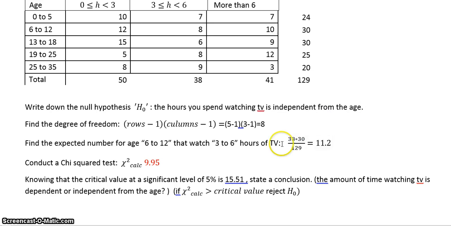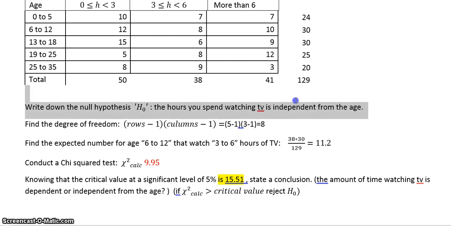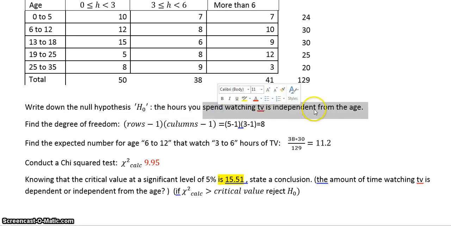In this case, what do you think? If the chi-square that we calculated is bigger than the critical value that we have here, we are going to reject the null hypothesis. So we are going to say that they are not independent, so they will be dependent.